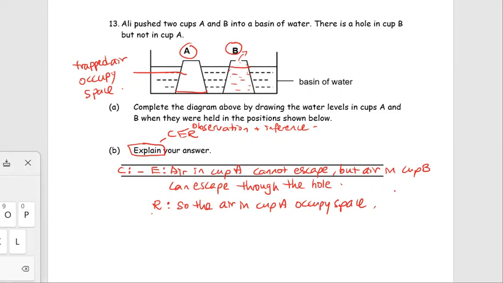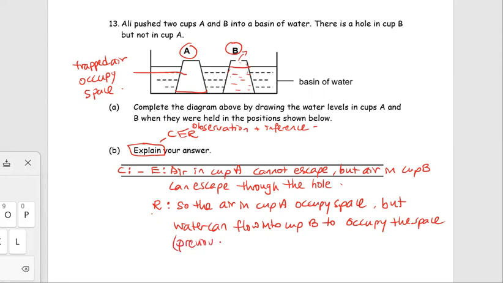But water can flow into cup B to occupy the space previously occupied by air. That's it. So the keywords here, the evidence, will be air in A cannot escape.